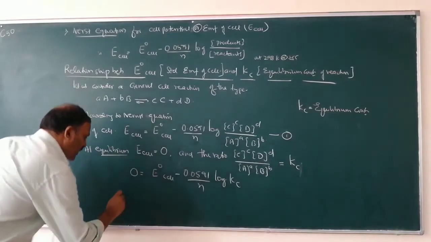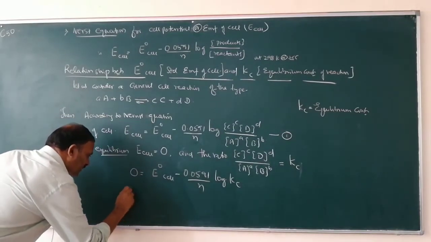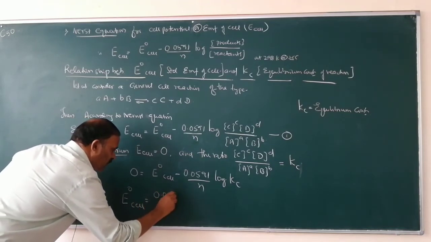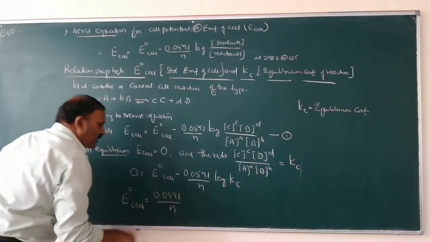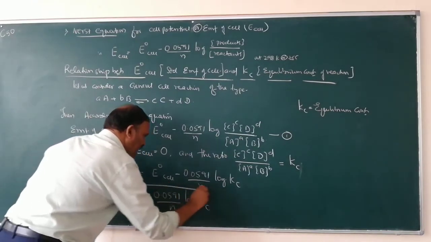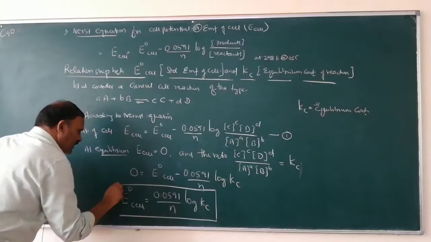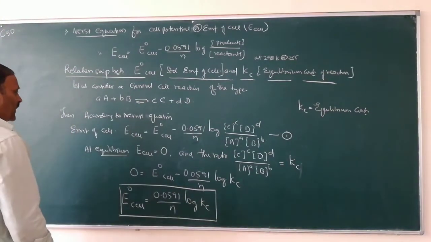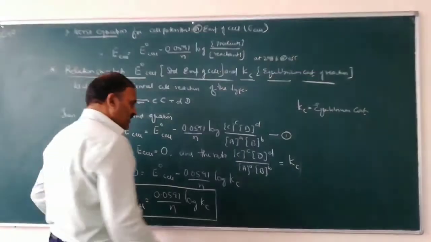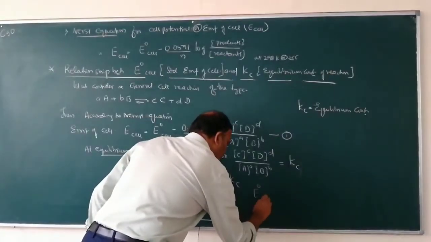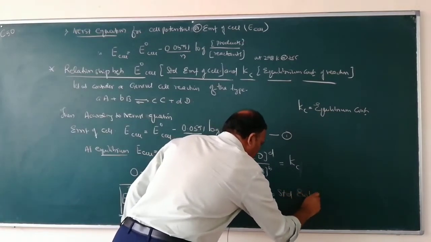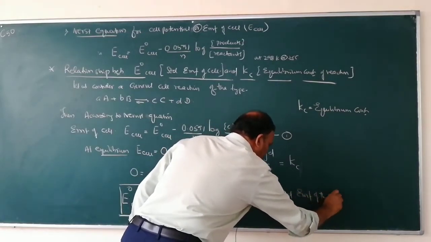Then this equation becomes E naught cell is equal to 0.0591 divided by n log of Kc. So this is the relationship between the standard EMF of the cell and the equilibrium constant. What is E naught cell? It equals the standard EMF of the cell.